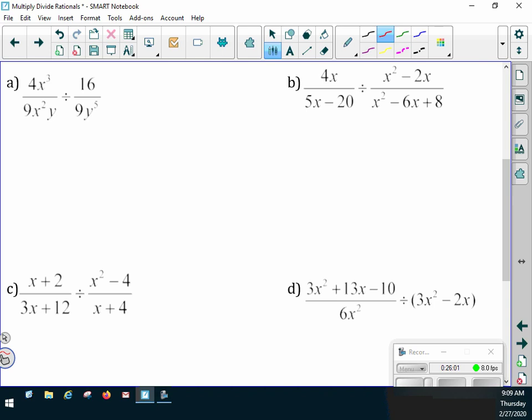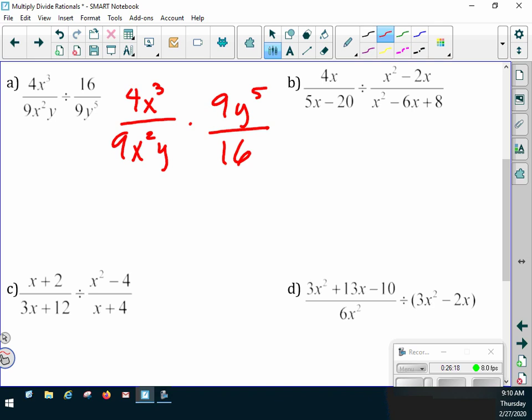You have to change it to multiplication first. So this is going to be 4x cubed over 9x squared y times 9y to the 5th over 16. Now it's the same problem you've been working.